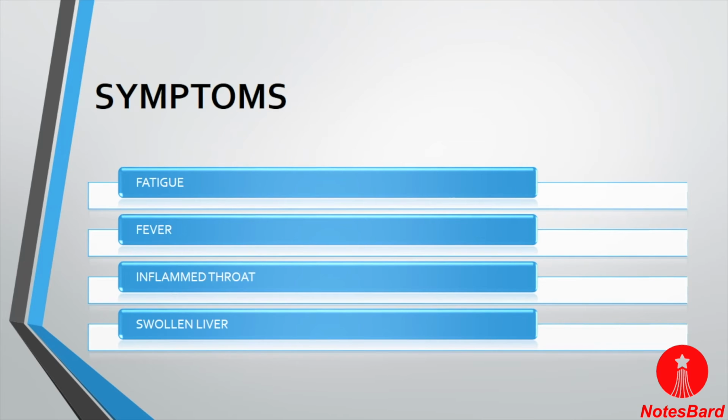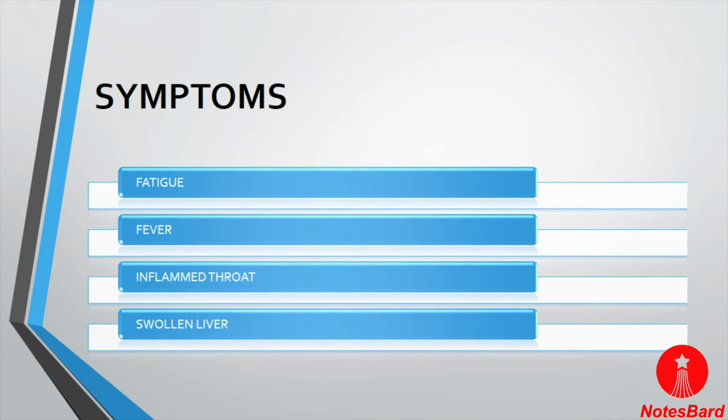Now let's understand the symptoms of infectious mononucleosis, which usually appear 4 to 6 weeks after we get infected with this virus. There are certain other viruses which can cause this disease as well. The symptoms of infectious mononucleosis can be similar to a common cold and flu.